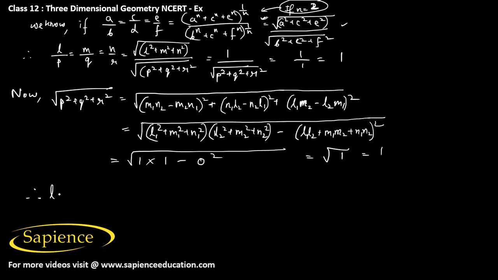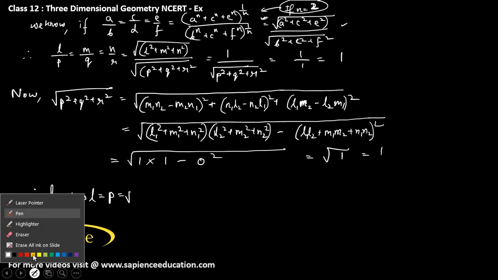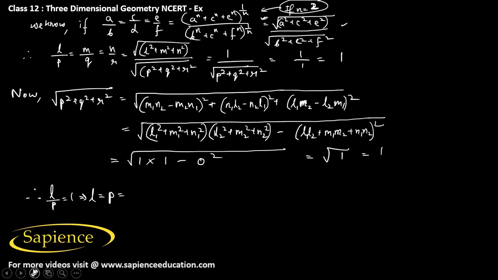Therefore we can tell l by P equal to 1. Therefore l is equal to P, which is equal to m1 n2 minus m2 n1. And similarly m by Q is also equal to 1.